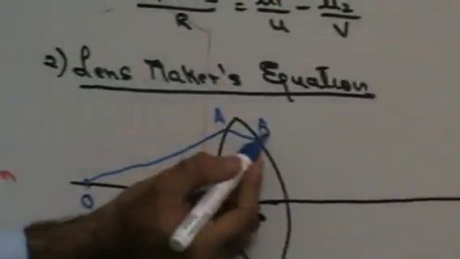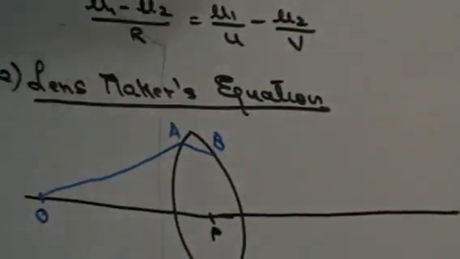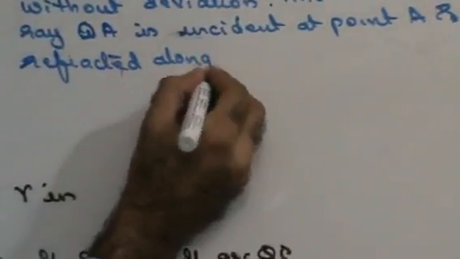From A it is going to move to B, right, refracted along AB. This particular ray is going to get refracted along AB.